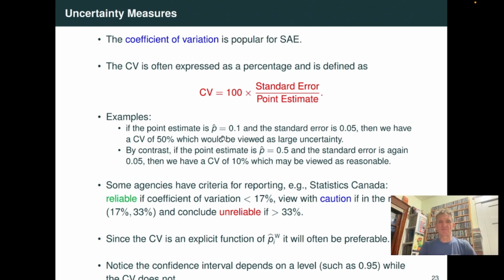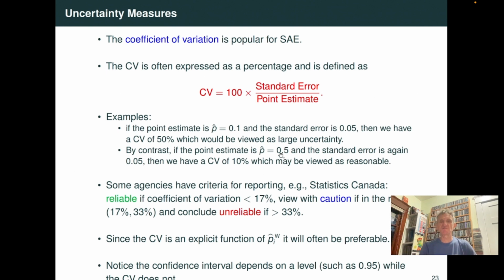If we have a point estimate of 0.1 and the standard error is 0.05, then we divide one by the other and multiply by 100, and the coefficient of variation will be 50%, which is quite a large number. That reflects the fact that we've got a relatively large standard error, similar to the example we just saw, and so in this situation we'd view our information in that area as being quite unreliable.